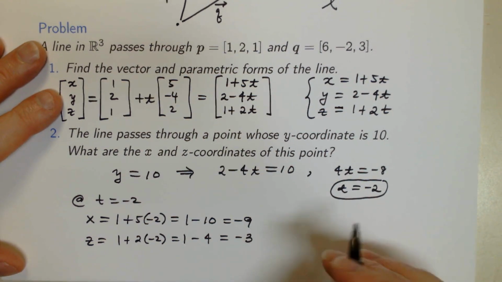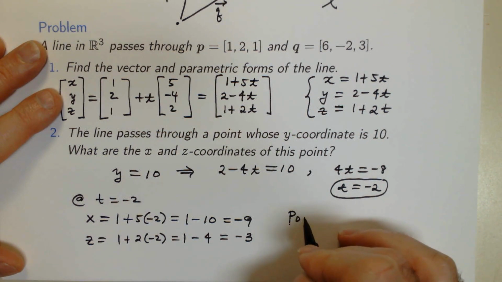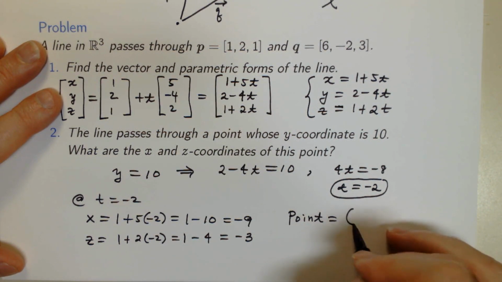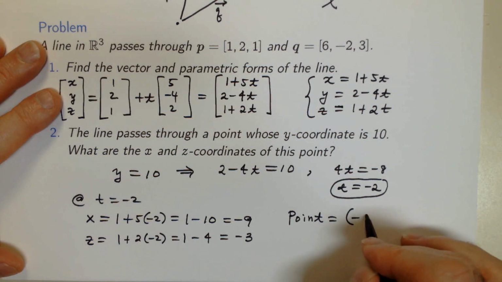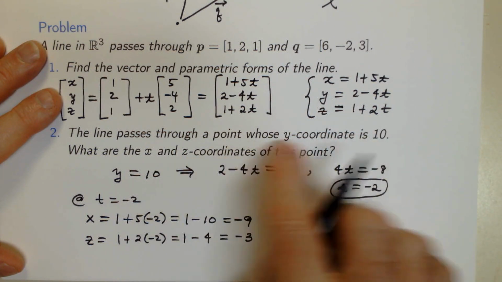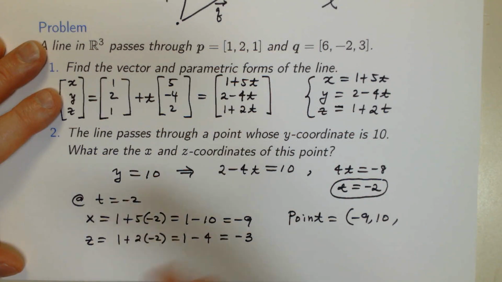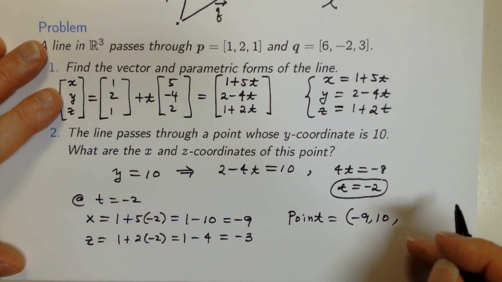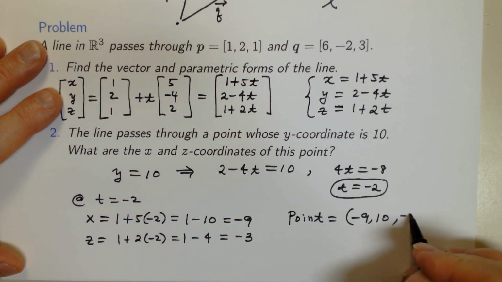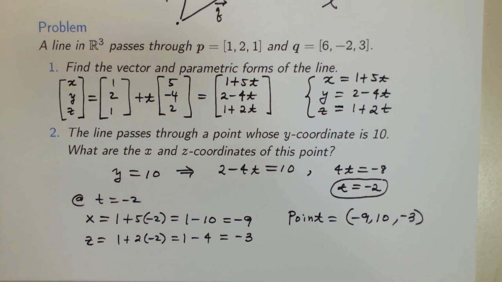So our point is going to have coordinates negative 9. We said y was equal to 10. That's what got the ball rolling. And z was equal to negative 3. So there's our point. It must correspond to that point there.